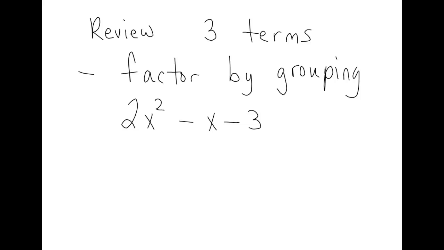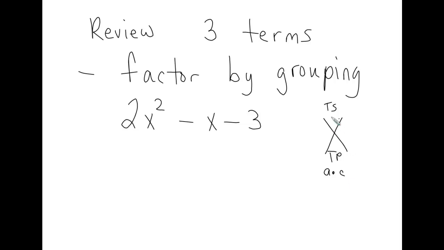Resume a review of factoring with 3 terms. Factor by grouping. Here I have a trinomial 2x squared minus x minus 3. To factor by grouping, we need to figure out what our target product is and our target sum. The target product is a times c.